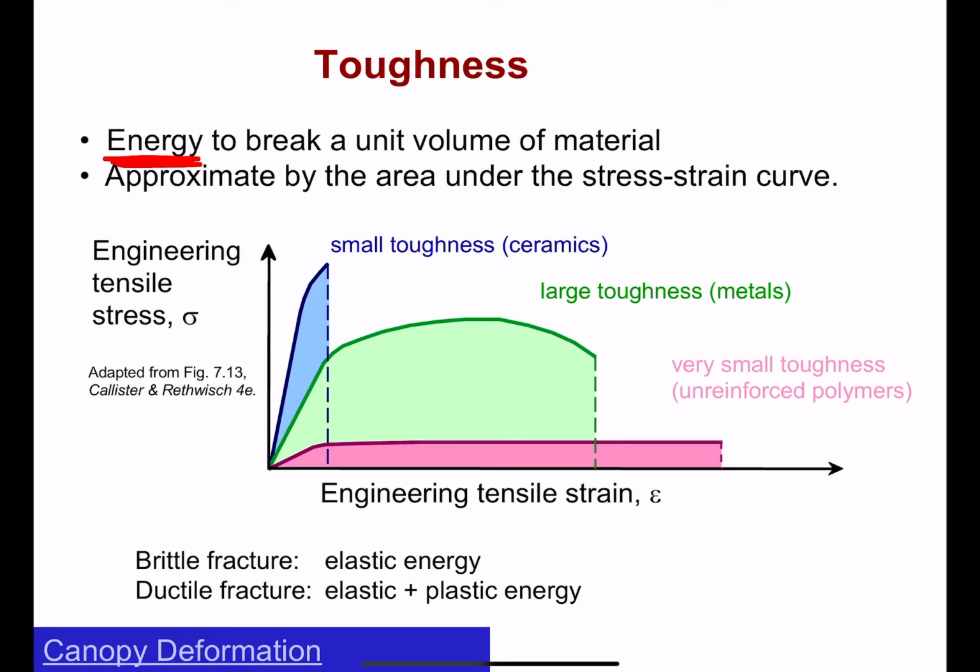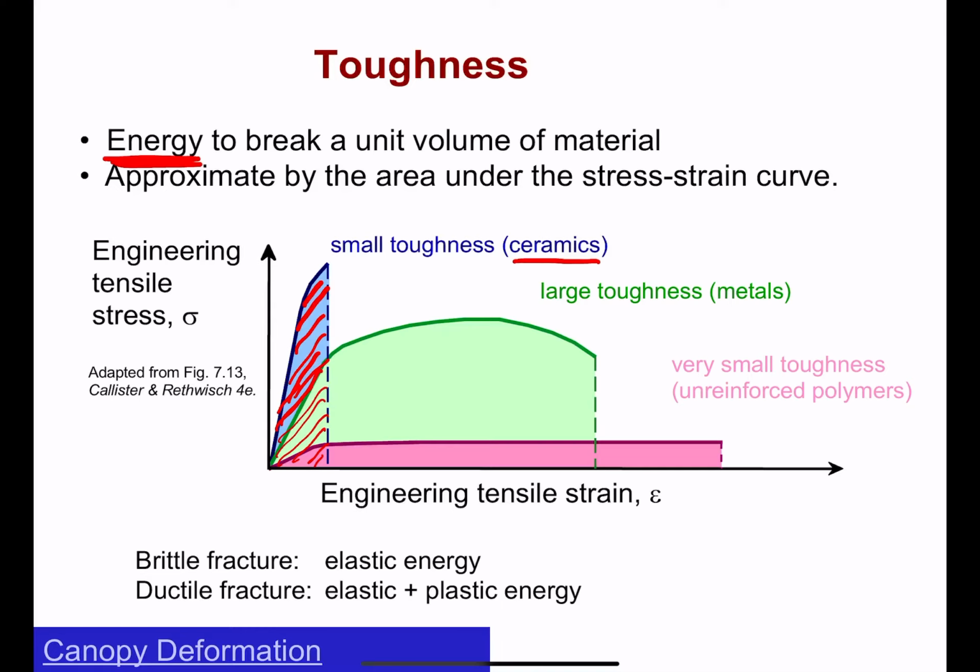So the energy required to break a unit of volume of matter. Okay, so we get this by multiplying y information times the x information to get area under the curve. Okay, so the area under this blue curve represents how tough this material is. So this ceramic doesn't have as large an area under its stress strain curve, and so it's not very tough.